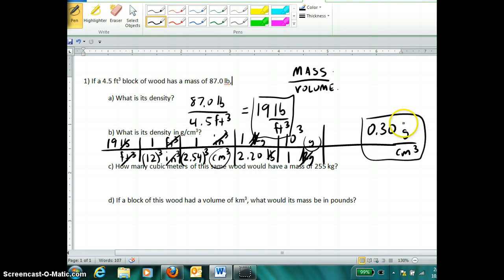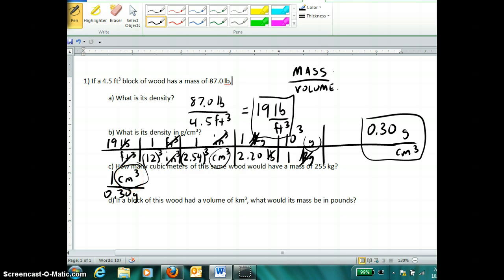The fact that 0.3 grams are equal to a cubic centimeter also means that 1 centimeter cubed of this wood is equal to 0.30 grams of this wood. And essentially, that's the quantity we're looking for. It may not be the specific units we want, but it is the quantity we want.